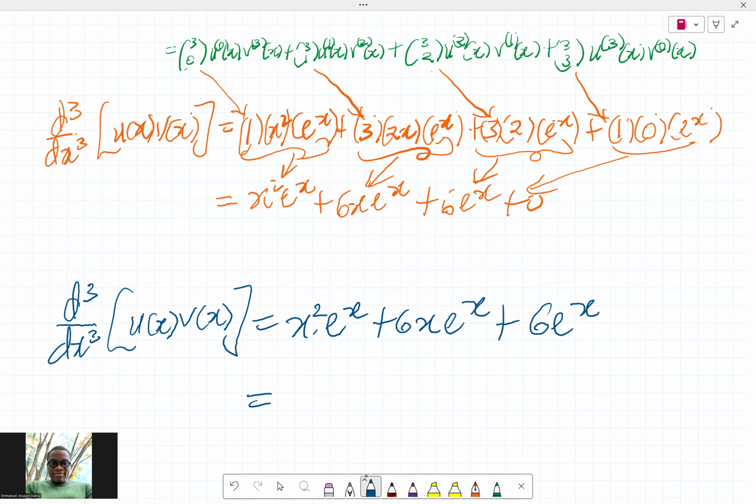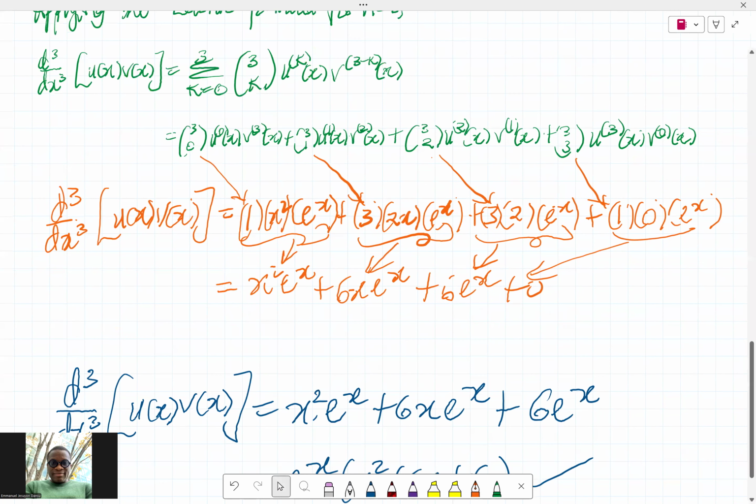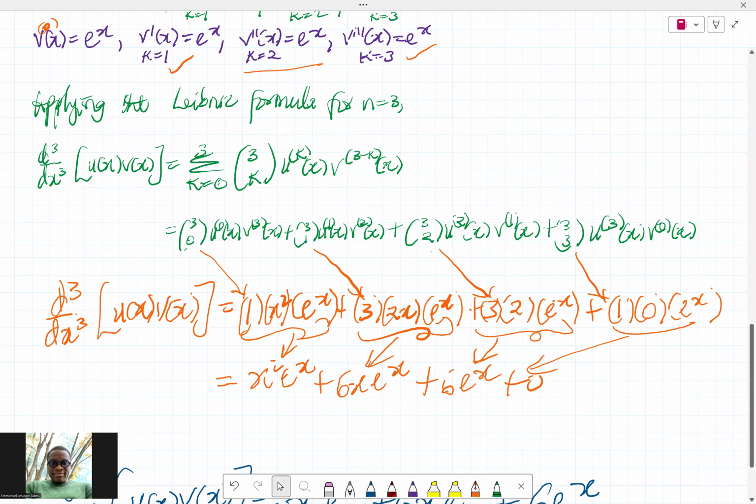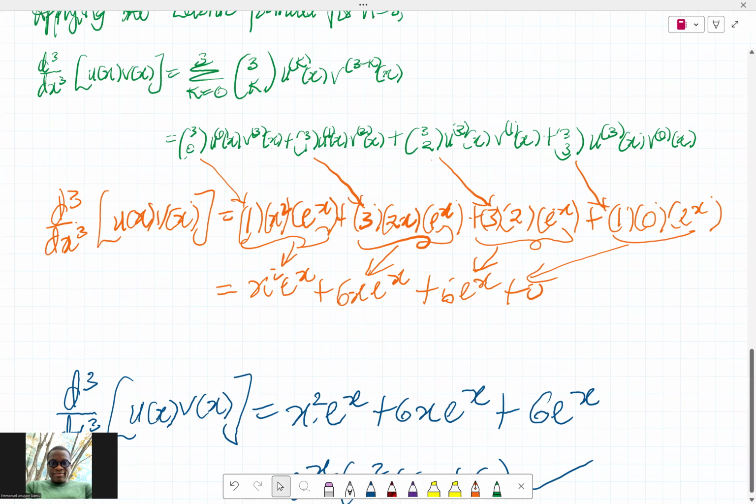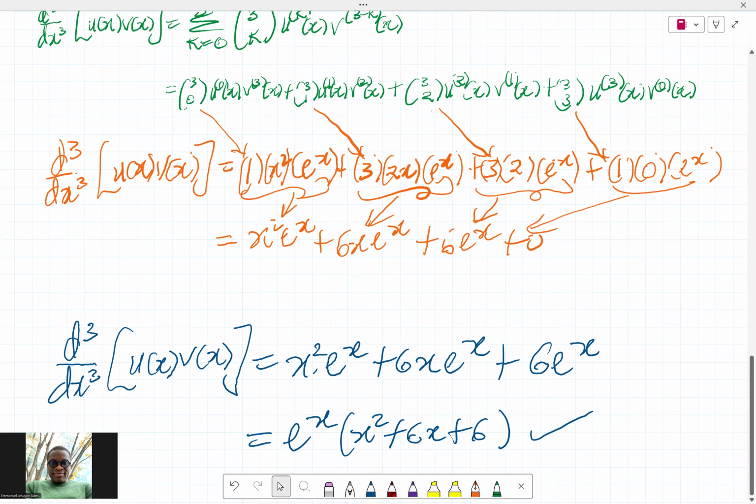And we can factorize e raised power x. So we have e raised power x into x squared plus 6x plus 6. And that is the result. So that's the idea of Leibniz theorem. If you are going to the fifth derivative, you just apply the formula just like that and go your way. So get all the derivatives and plug into the formula and follow step by step.